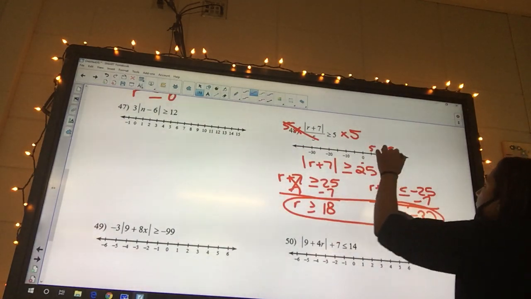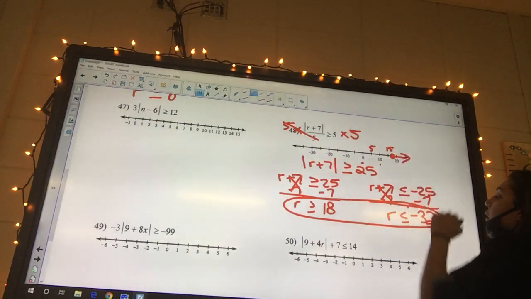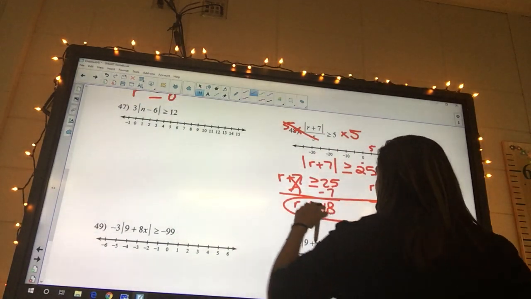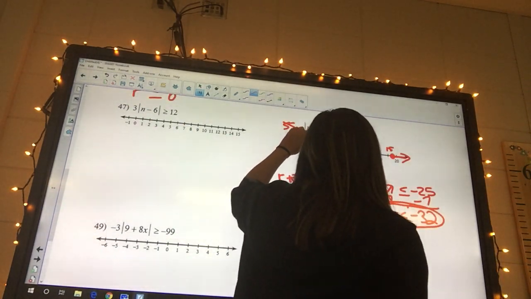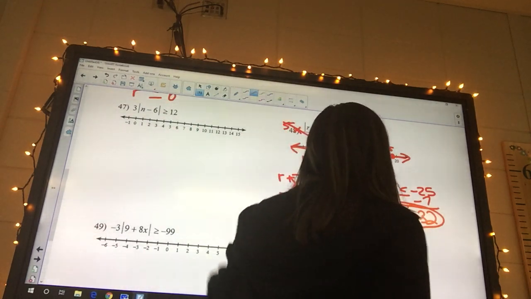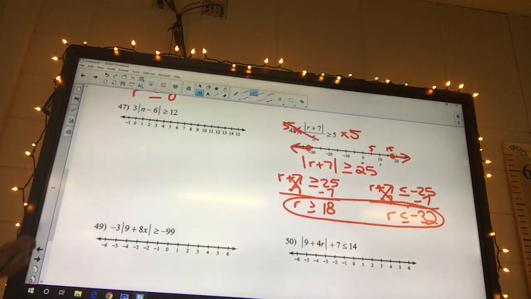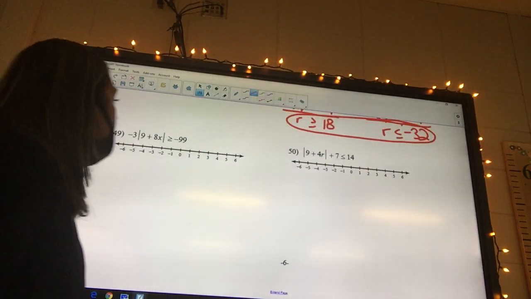So this one should be closed, pointed out, and the negative 32 is somewhere in here, closed, and pointed to the left. So these are both out, so what kind of problem is it? Or.